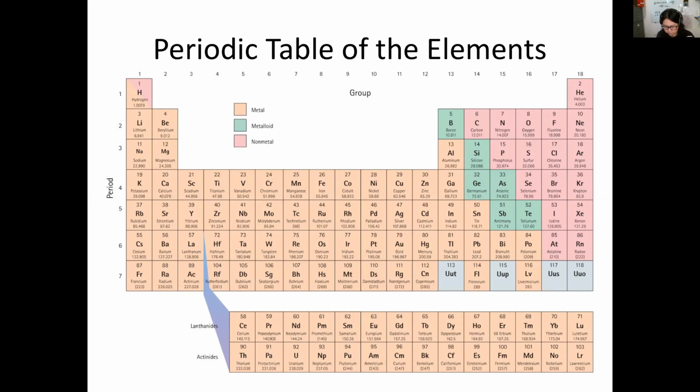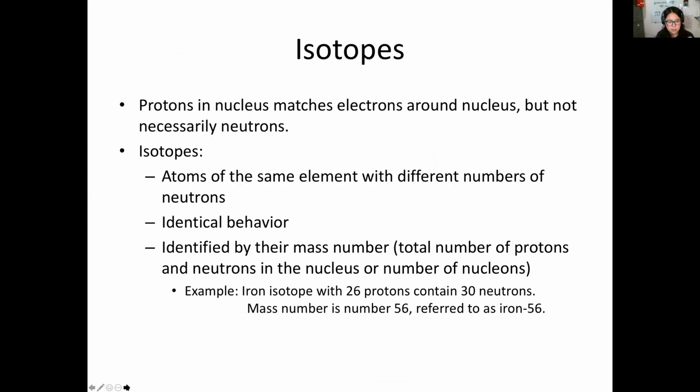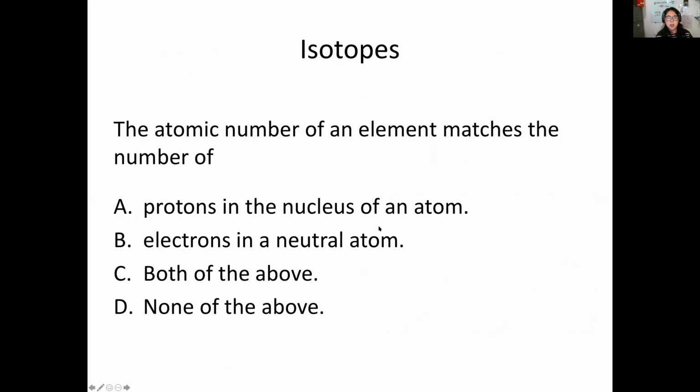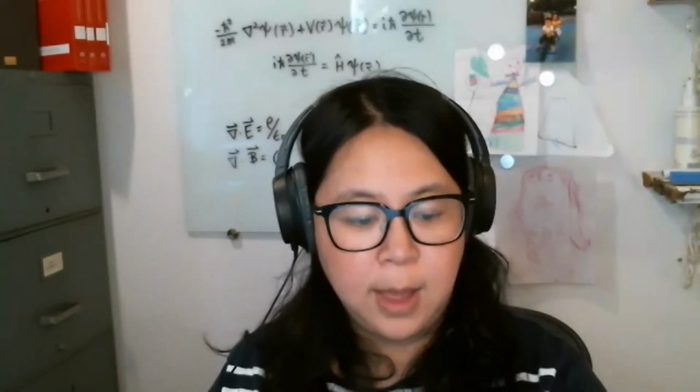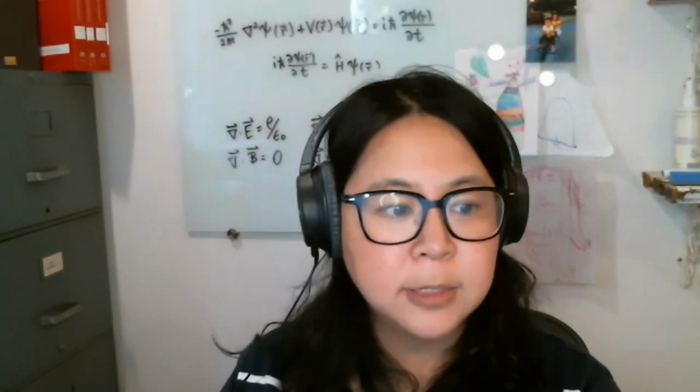Okay, so the atomic number of the element matches the number of protons in the nucleus of the atom. We're going to do this in class. So that's it for isotopes, and I will see you in the discussion.